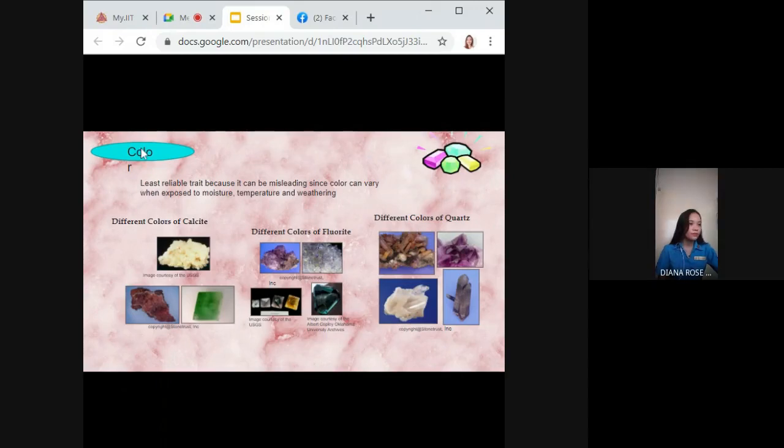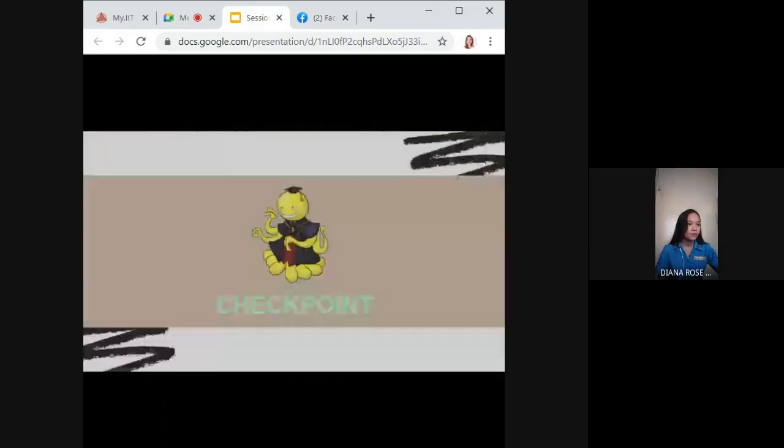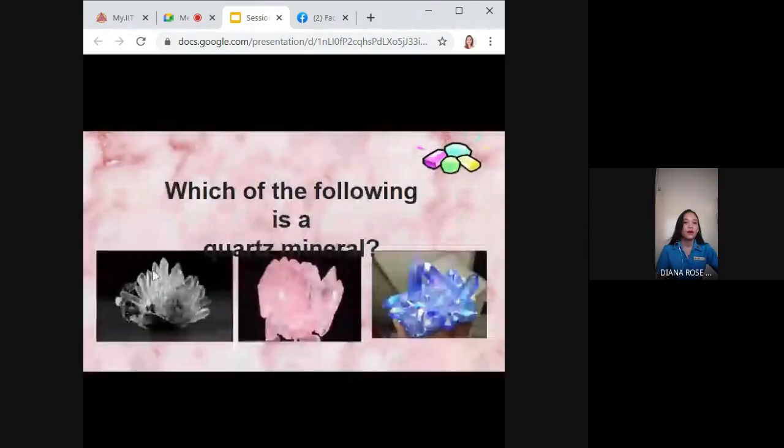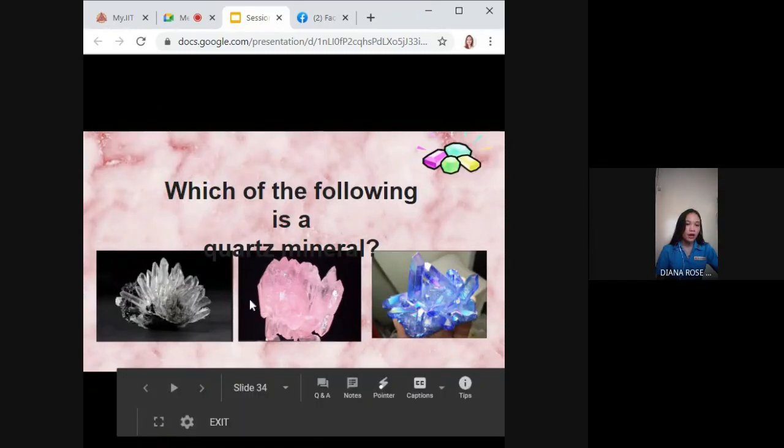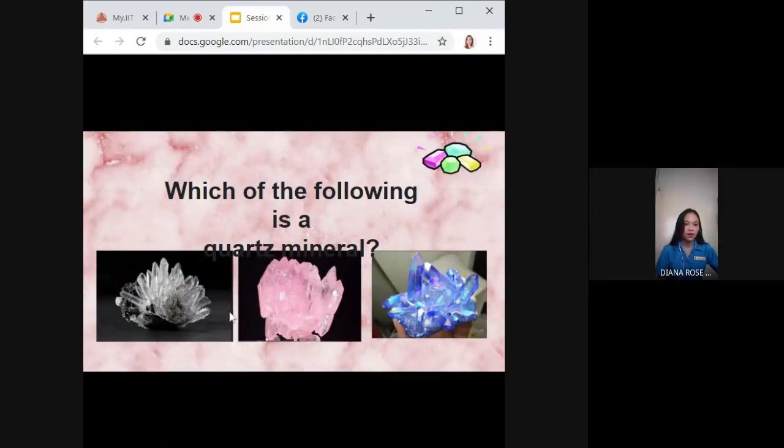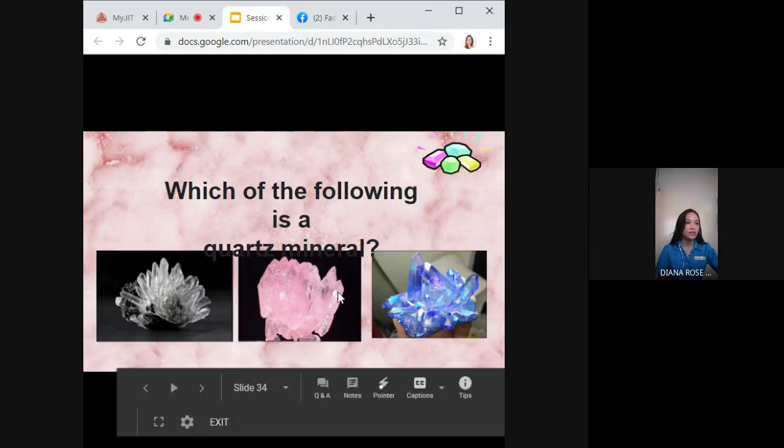So we have here an example. Which of the following is a quartz mineral? As you can see, these minerals are all quartz but in different colors.